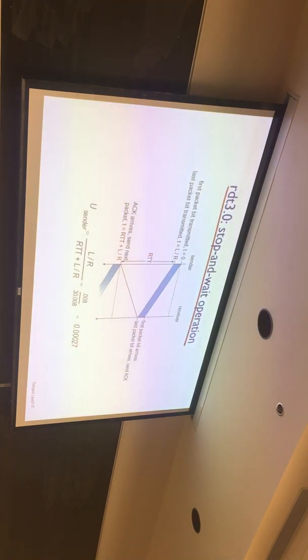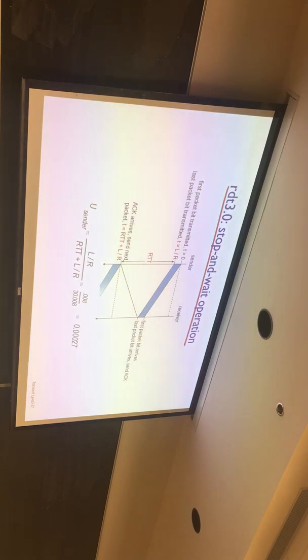Another way to think about this: this is T0. It takes L divided by R time to push those bits into this transmission channel. And this trapezoid shows the time we actually use the channel to transmit data. So now it's delivered. Then we have to wait for the receiver to deliver the acknowledgement. Then when the sender receives the acknowledgement, it can send the next packet, right?